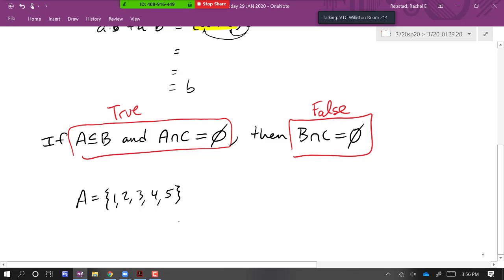That will make sure that this part is true. And then I simply need to find another set C. I need to pick C so that it does not overlap with A at all, no elements in common, but it has to have at least one element in common with B. That's basically what we want to do. Does that help with that one? Yep, thank you. Okay.